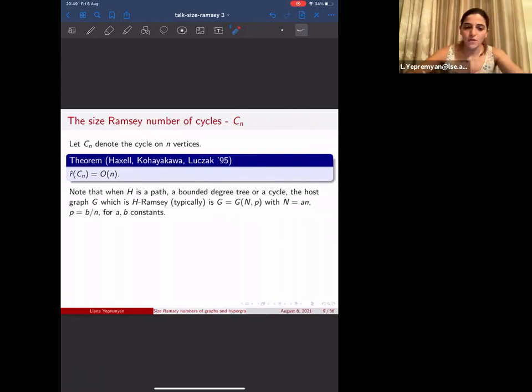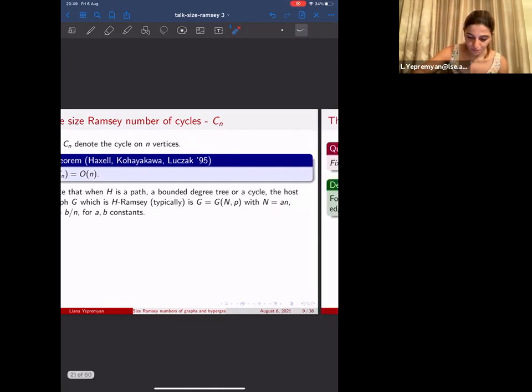So in all these cases, actually, the host graph is the random graph with appropriate density. And the density is constant. So the number of vertices is some big constant times n, and p is some constant b over n.